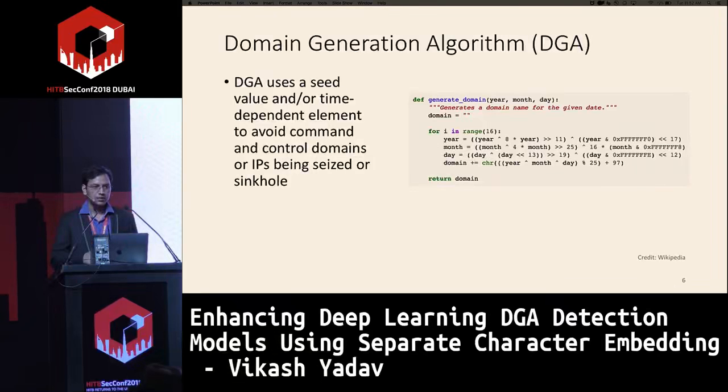The malware then uses these domains to make a connection to the C2 server. Here is a Python script of a DGA algorithm that takes year, month, and date as input, and based on that, generates 16 DGA domains. The malware is then going to use these domains to make a connection to the C2 server.